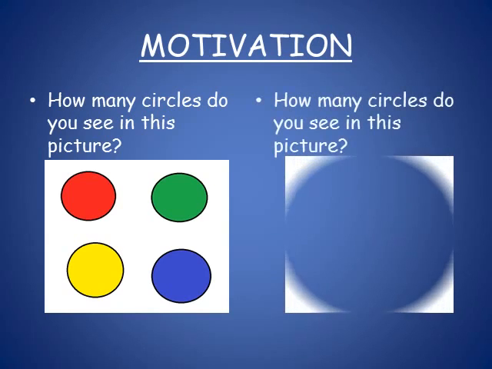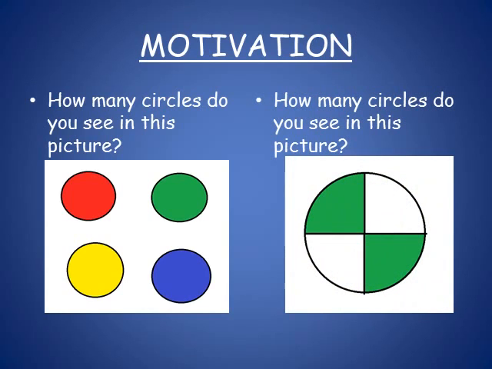in that picture. How many circles do you see in this picture? So this one might be tricky as well. Some people might say 4, but we're asking for how many circles we see, and we actually only see 1 circle because this circle is broken up into 4 equal pieces, kind of like what your mom would do when she's slicing a pie or a pizza into equal parts.